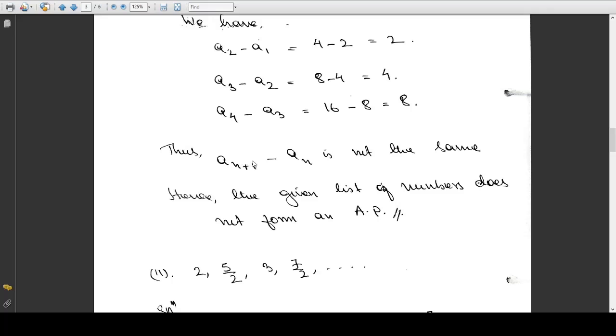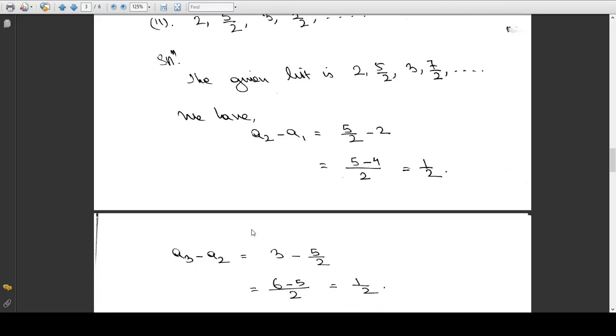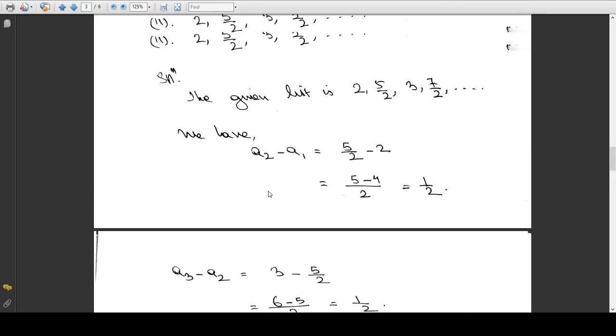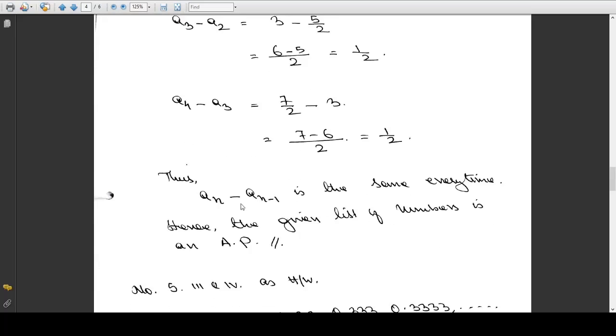N will always start from 1 only. 1 plus 1 is 2, a2 minus a1. We are getting 2. Here also you write the same thing, a(n+1) minus a(n), which is the same every time. Hence the given list of numbers is an AP.